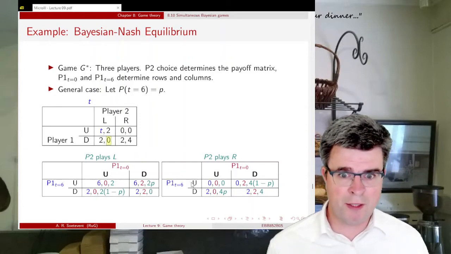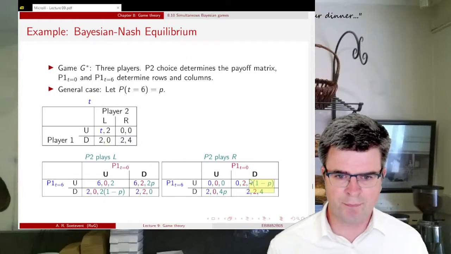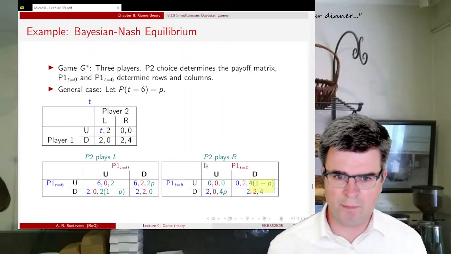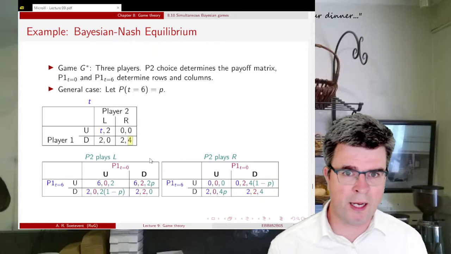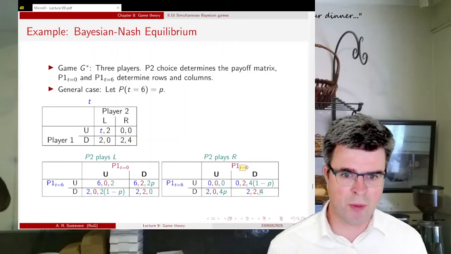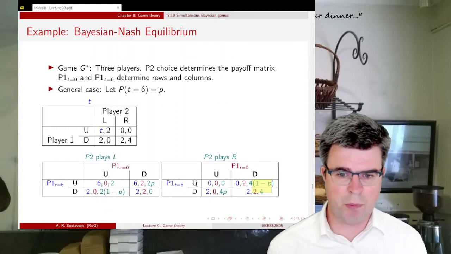And then there's a second matrix, which is conditioned on player 2 playing right. So let's do, for example, this entry over here. If player 2 plays right, and player 1 plays down if he's of type T is 0, then the payoff to player 2 will be equal to 4. So the expected payoff is 4 times the probability that player 1 is of type T is 0, which is identical to 1 minus P. At this entry, player 1, if he's of type T is 6, will play up.